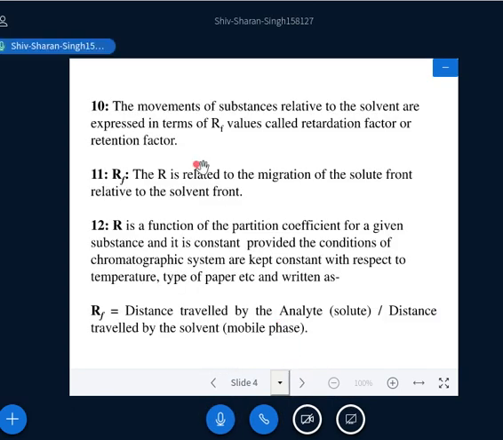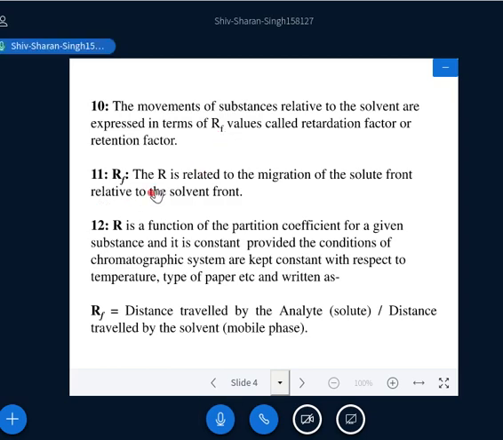Now the movement of substances relative to the solvent is expressed in terms of the Rf value, called the retardation factor or retention factor. Rf means retardation factor or retention factor, that is, a constant value.